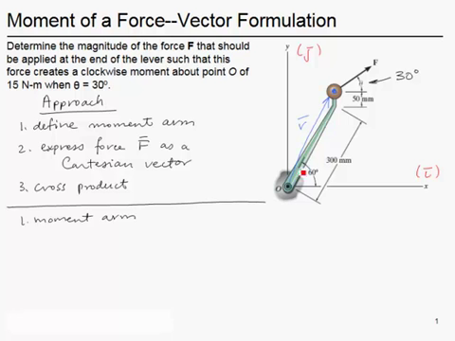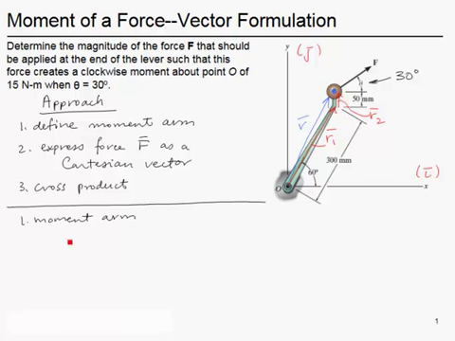The first one is a vector from O up to this elbow, and the second one is a vector from that elbow up to the point of interest. Let me call this one R1, and the other one R2.